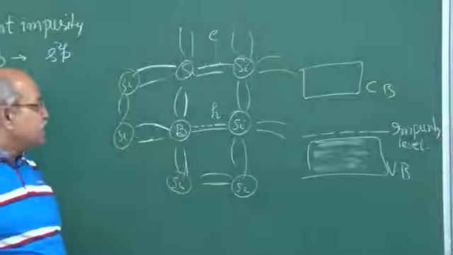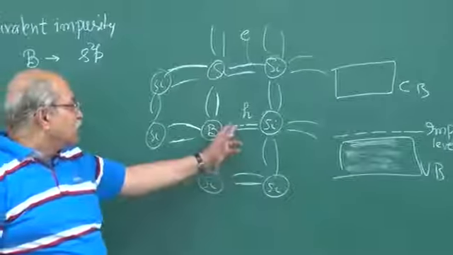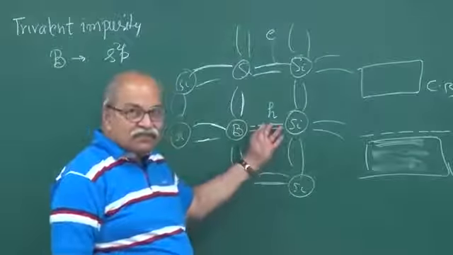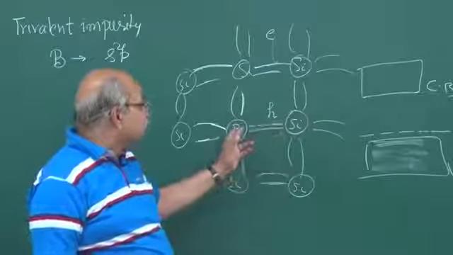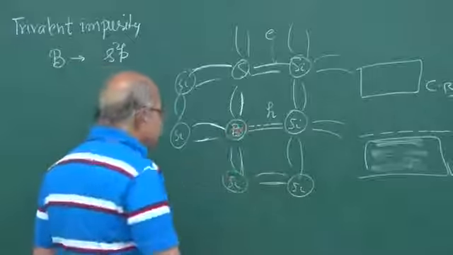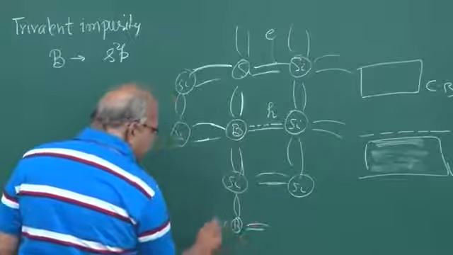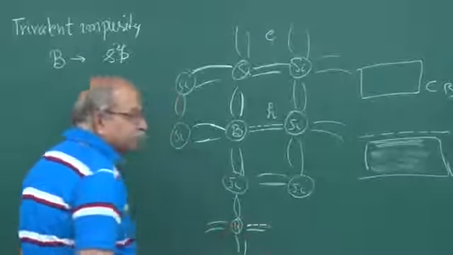And these impurity levels are all empty. A broken bond, not broken, it did not exist to start with. An empty quantum state exists with boron. Anywhere you have a boron, one of the quantum states will be empty.